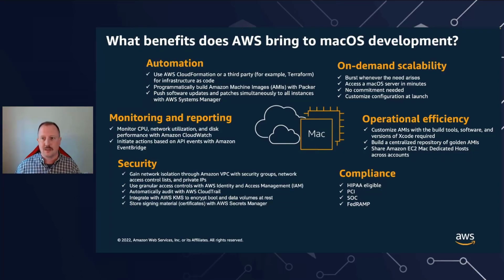And lastly, and again, I think this is also a pretty big one, is things like CloudWatch and EventBridge. So the ability to really monitor network bandwidth, disk bandwidth, CPU usage, auto scale based on CPU usage, initiate actions based on EventBridge.